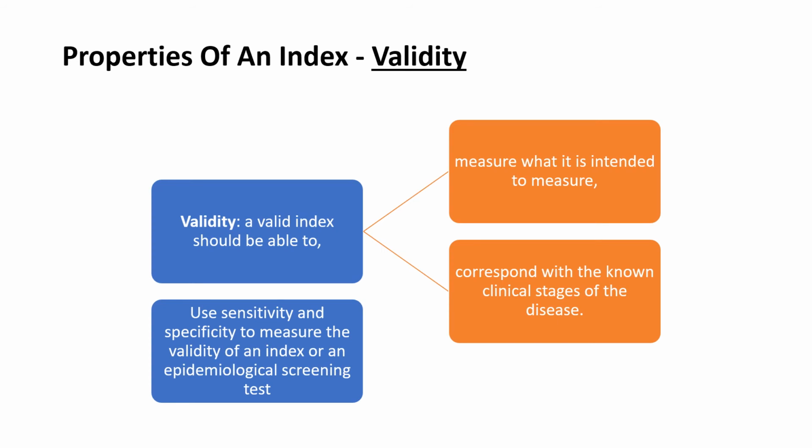Validity. How do you measure validity? In epidemiology, we talk about validity and reliability. If you are doing screening, for example, you want to screen for prostate cancer, breast cancer, diabetes, periodontal disease, or oral cancer, whatever you want to screen for, then you use a test apparatus to do this screening.